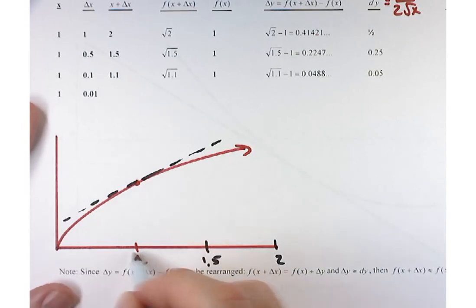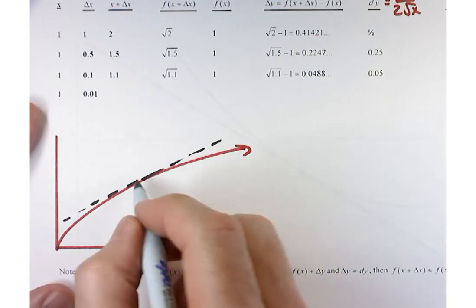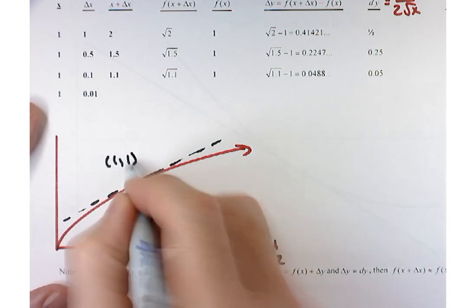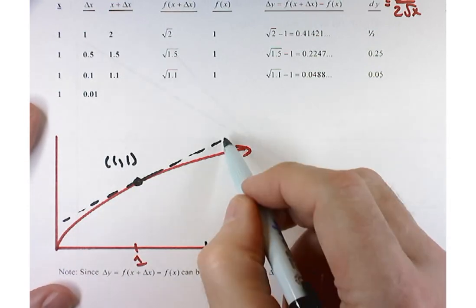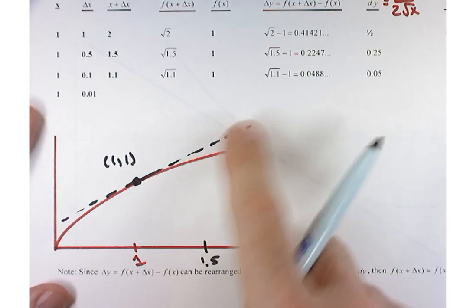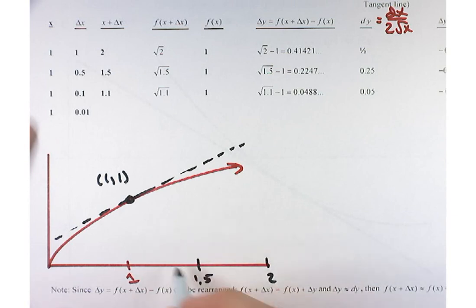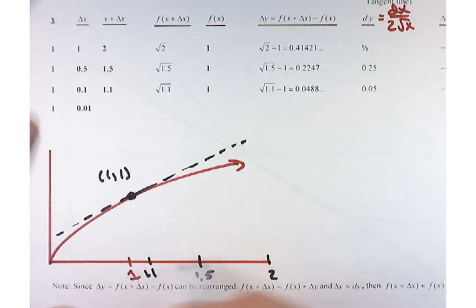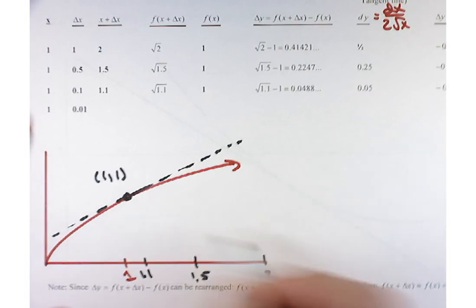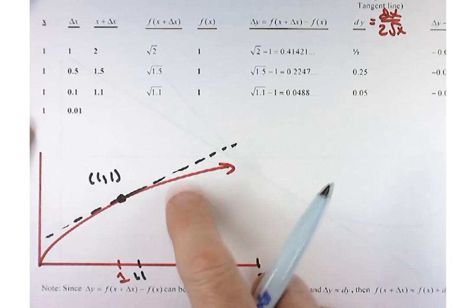The farther I move away from my point of tangency at the point 1, 1, the worse this tangent line is going to be in approximating the value of the function. But as we get closer, say to 0.5 or to 0.1, 1.1, as we get closer to this point of tangency, the tangent line is going to be a better and better approximation to this function.